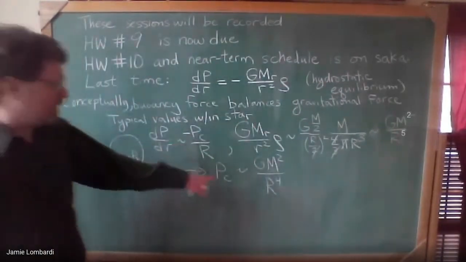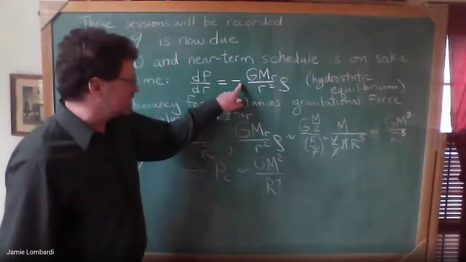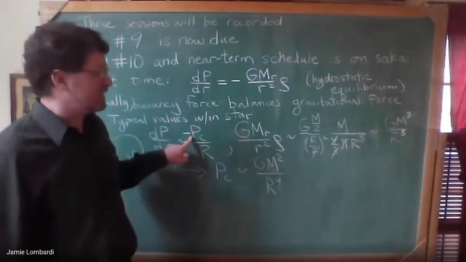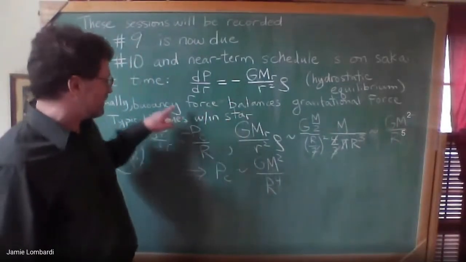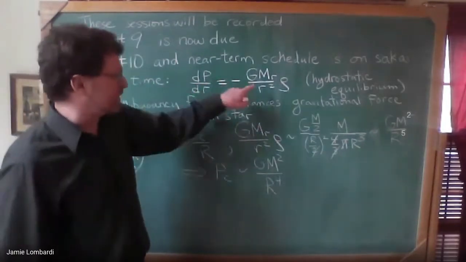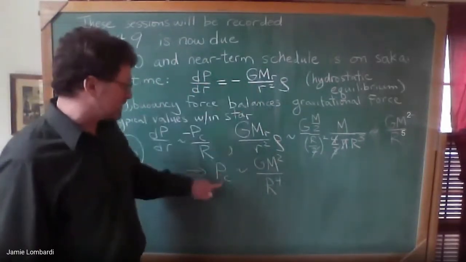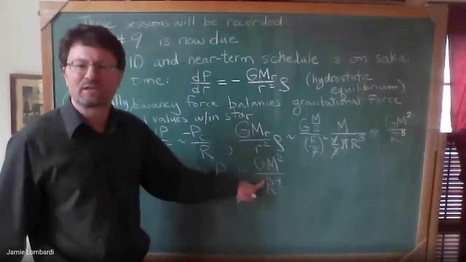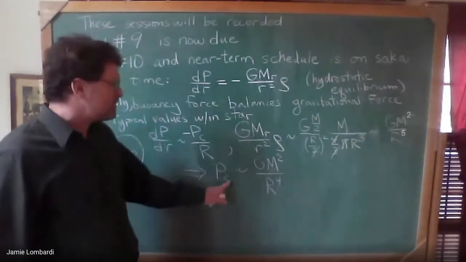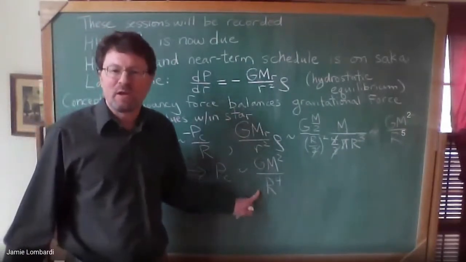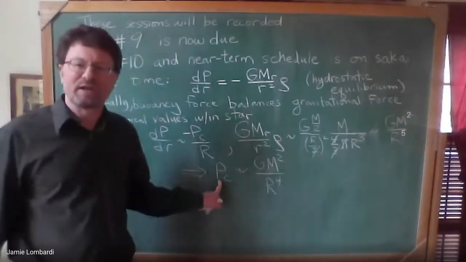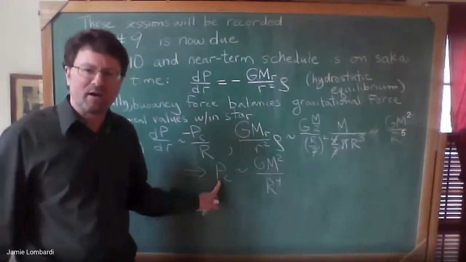And you might ask, where did the minus sign go? There's a minus sign and there's a minus sign, right? And so when we put the negative thing on the left equal to the negative thing on the right, we can cancel the negatives and we're just left with positives. And this result is not surprising because if you think about what a pressure is, it's a force per unit area.